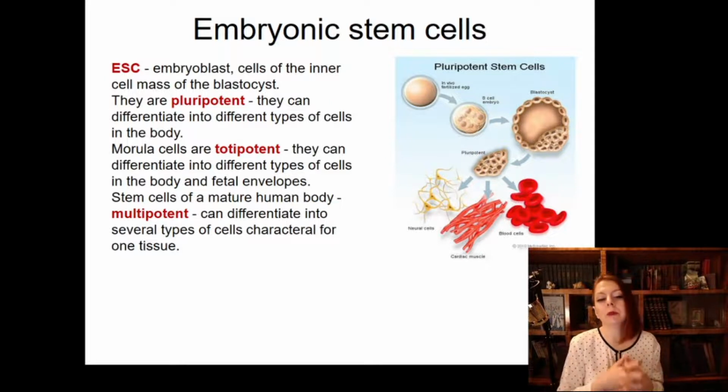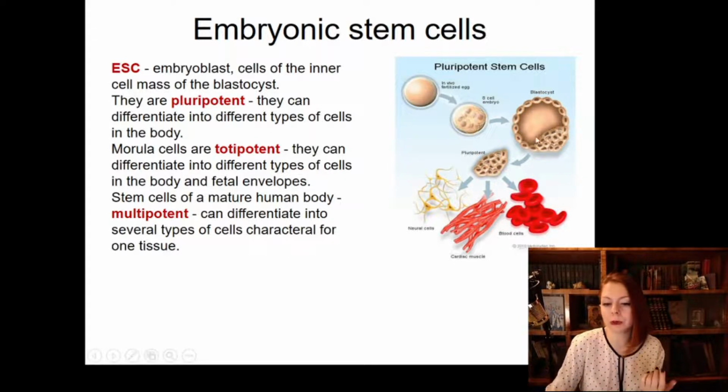Okay, but embryonic stem cells couldn't be widely used due to ethical reasons, of course, because to use them we need to kill the embryo, and because they form teratoma, they form tumors, and also because they genetically differ from patients.